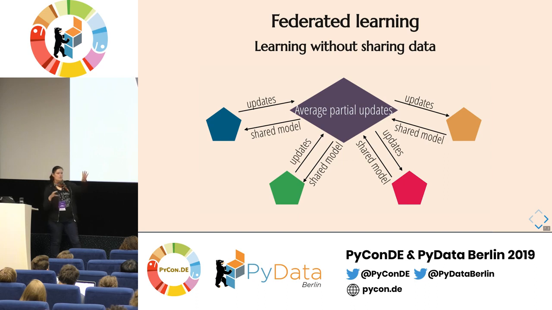One solution is you have a central server which is updating a model, and each client is sending small updates. The main server averages these updates and sends back a new model, and then each client improves this model on the data they have, and sends back their updates, and so on and so forth. You can do it in two ways.